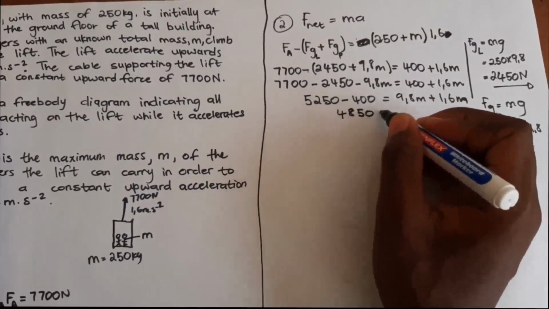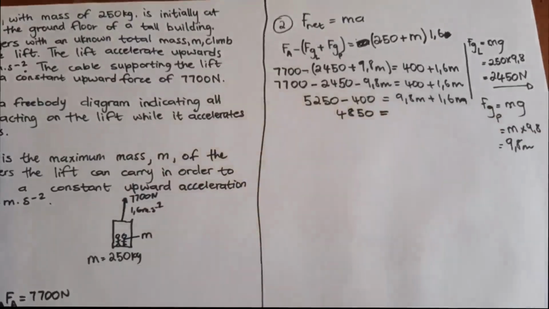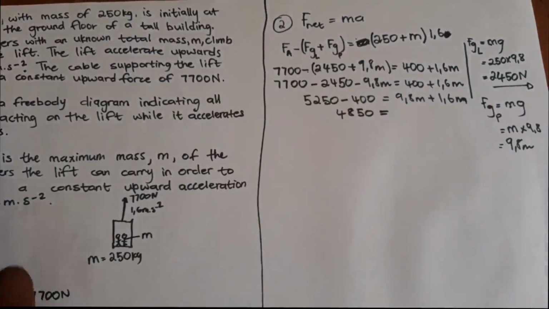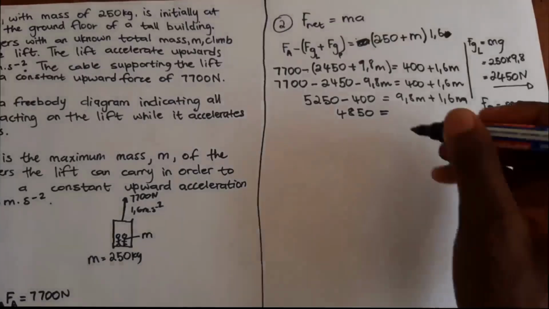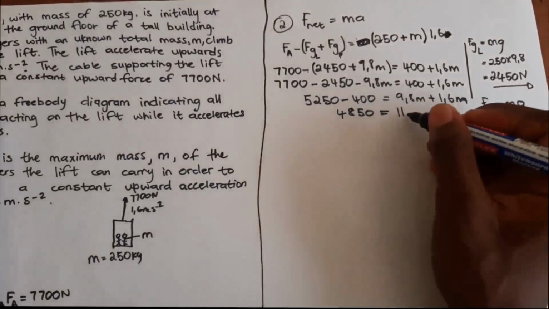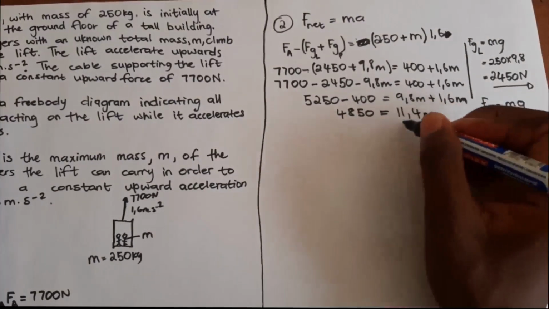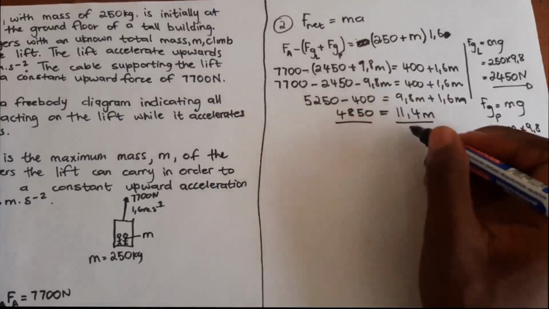So 4,850 is equal to 9.8 plus 1.6. 9.8 plus 1.6 is equal to 11.4 m, which is the mass. So let's go and find the mass.